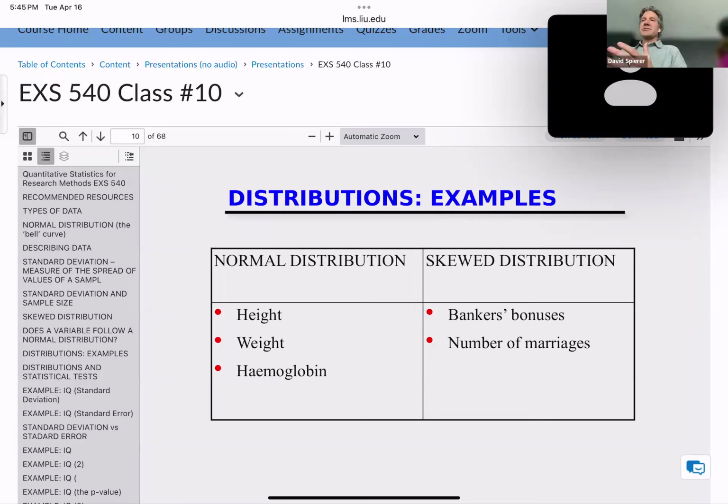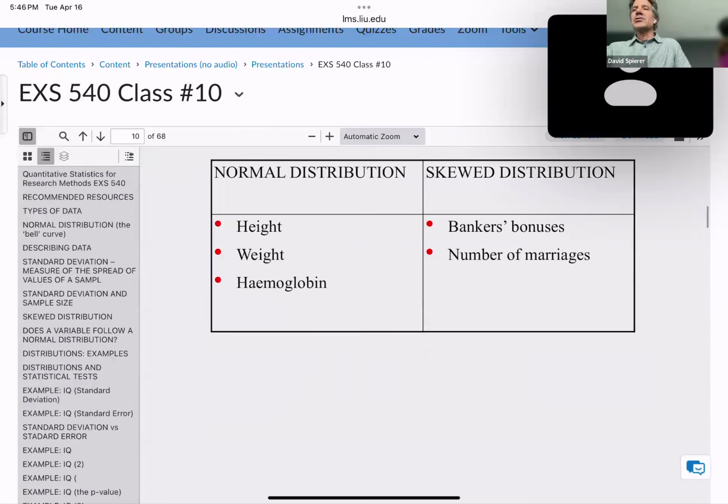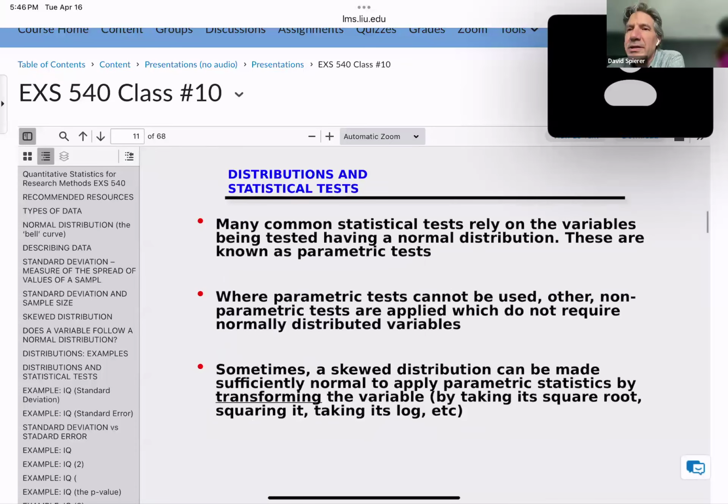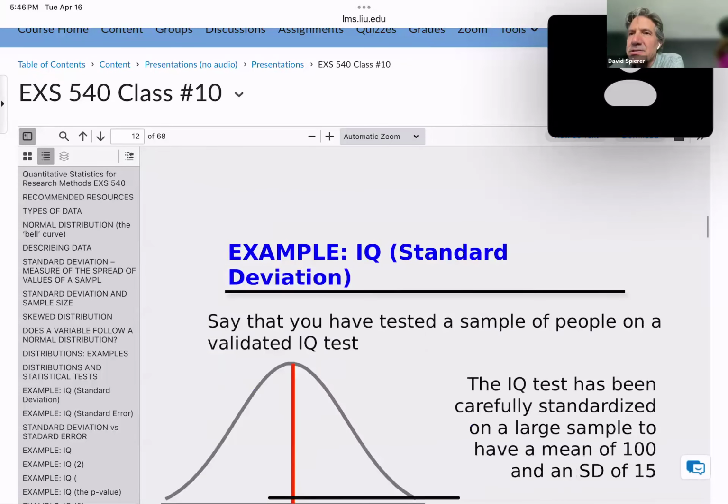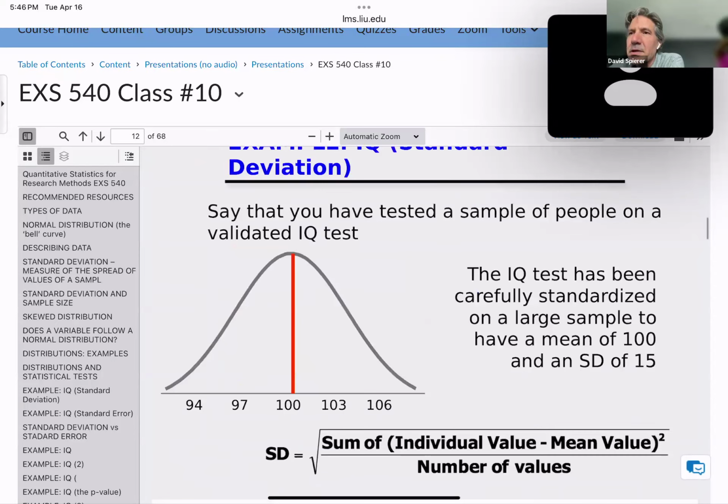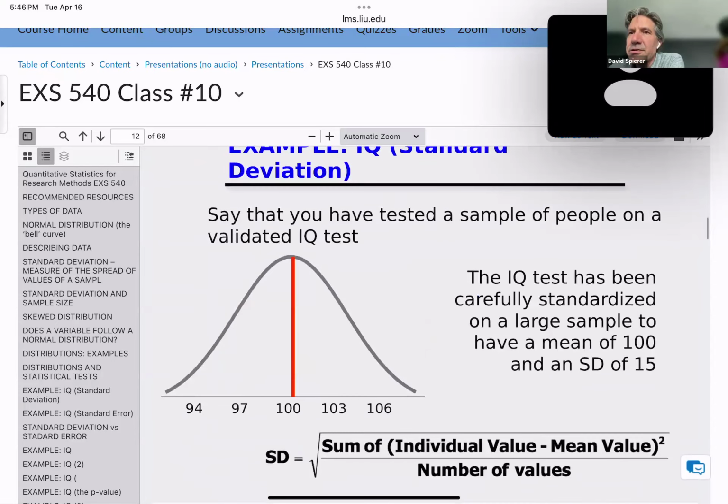Like bonuses, could be really, really high in one place and really, really low in another. Number of marriages is another example. So it's not that it's bad, it still tells a story, but you definitely have to work a little bit harder to make the argument. So I'm going to let you guys read through this because this is in your class.